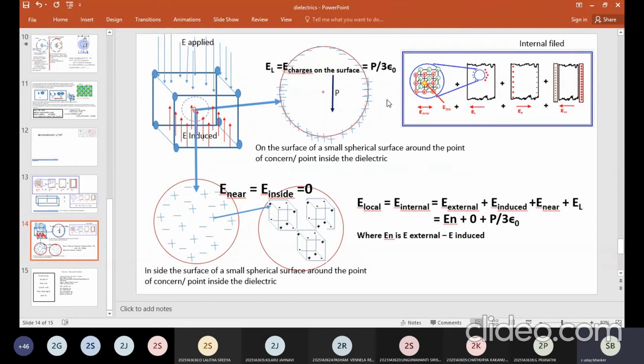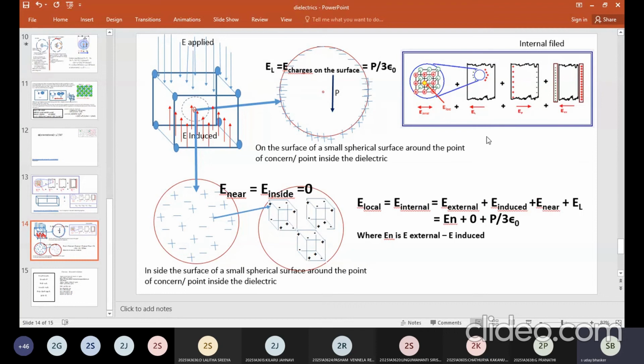For the time being, we have the external electric field and then the induced electric field, and there is some other electric field because of the charges that are present on a spherical surface considered around the point of concern. That means I have considered a spherical surface about this particular point where I want to find the net electric field, which you call the local electric field or internal electric field.